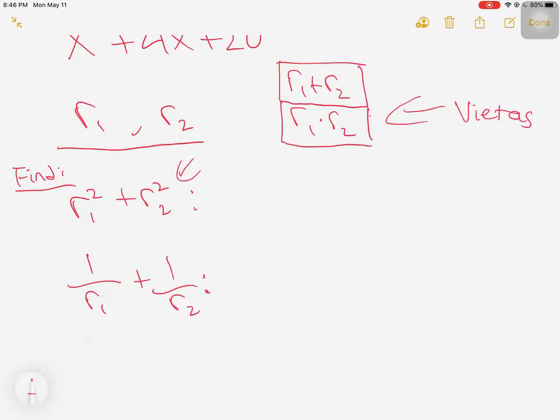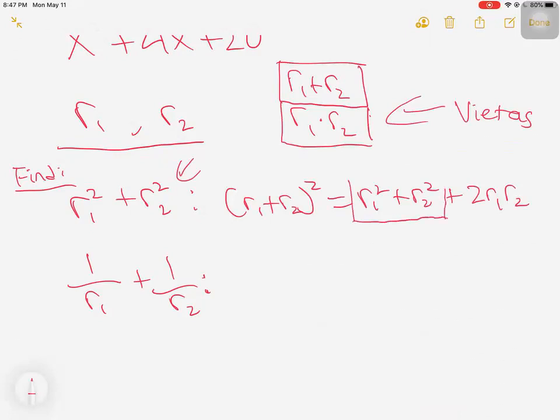If we square r1 plus r2, we're going to get r1 squared plus r2 squared plus 2 r1 r2. So this is the thing we want to find, but then we have this leftover stuff, which is annoying because we don't want to find that in our sum.